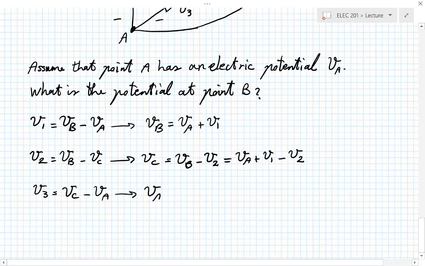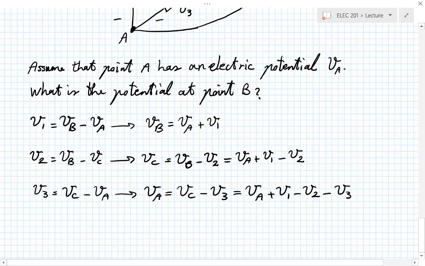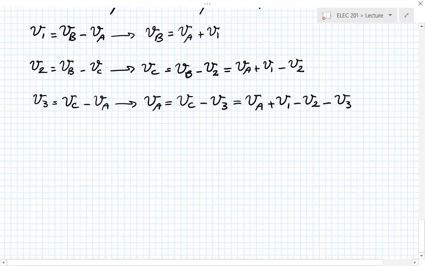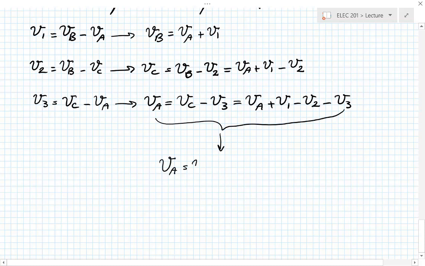So VA is VC minus V3, which I can then replace from the second line and get VA plus V1 minus V2 minus V3. So look at this last equation. I'll just repeat it here. I'm saying VA equals VA plus V1 minus V2 minus V3.